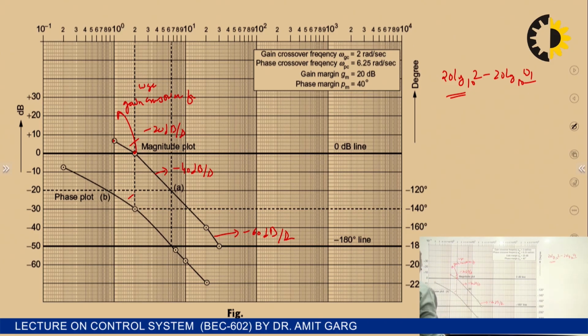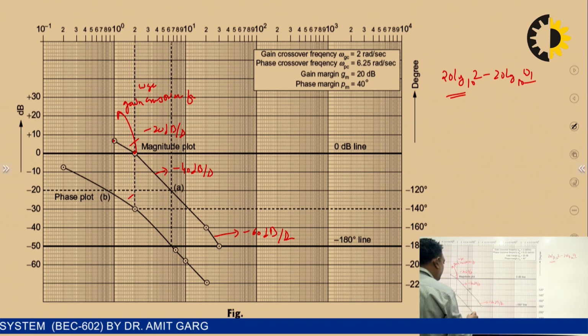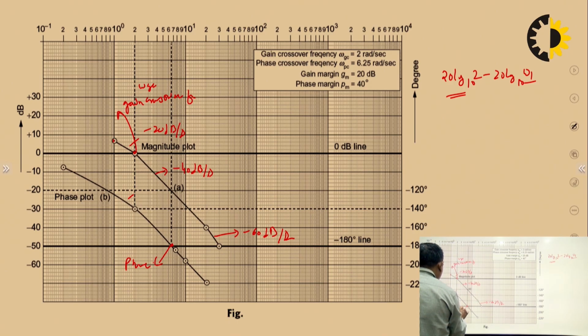And the point where the phase plot cuts the -180 line is the phase crossover frequency, denoted by omega PC. Then we have to calculate other parameters like phase margin and gain margin.